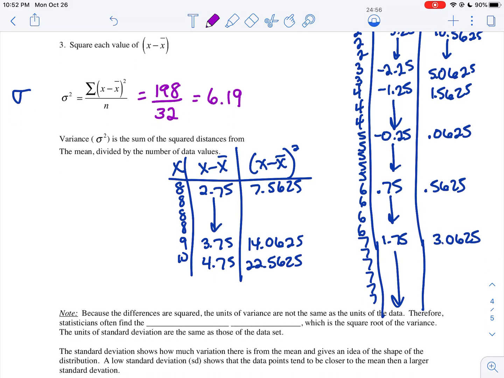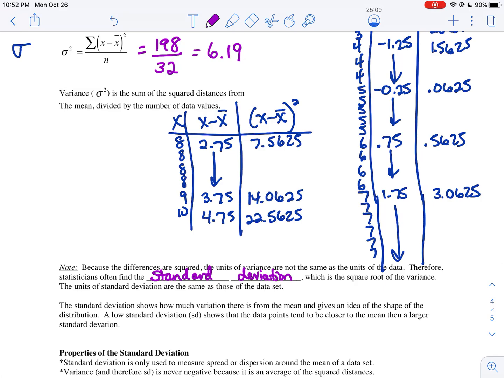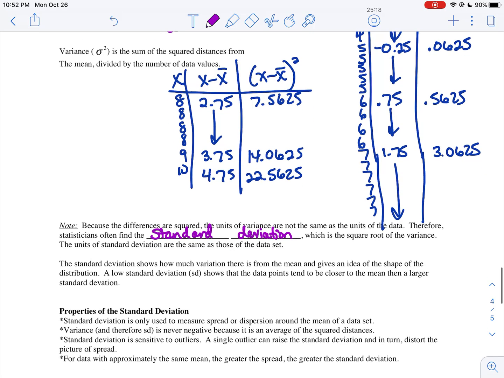Therefore, statisticians often find what's called the standard deviation, which is the square root of the variance. The units of the standard deviation are then the same as those of the data set. So all you do is take the square root of that. The standard deviation, sometimes referred to as SD, is the square root of your variance.